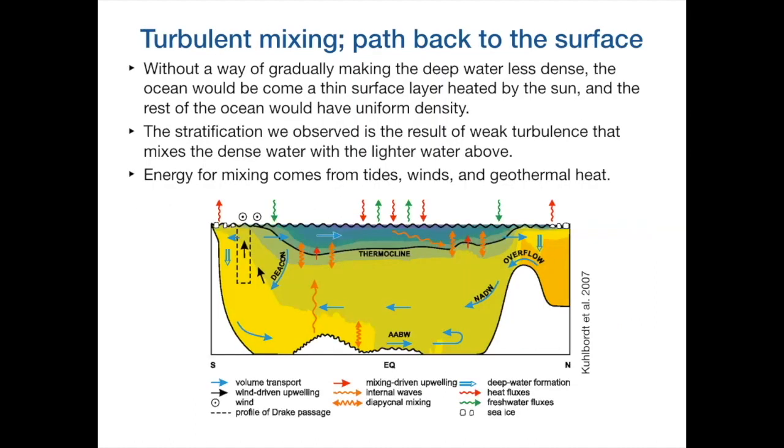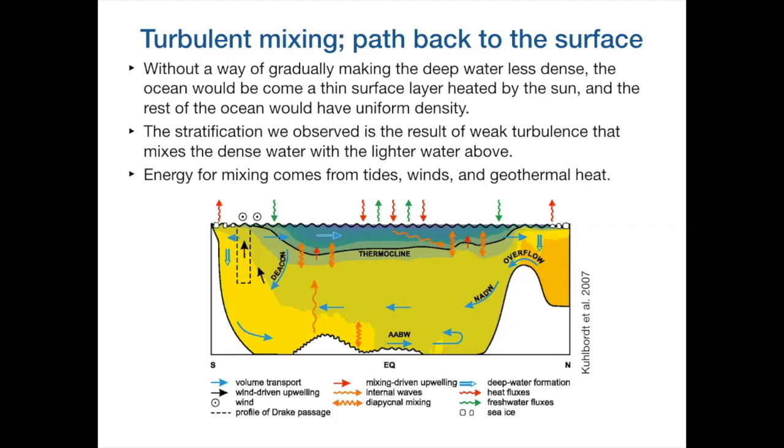So what's causing this deep water to return to the surface? Obviously, if all this dense water was formed in the North Atlantic and Antarctica, and there was no way of getting it back to the surface, we'd just have the ocean slowly fill up with Antarctic bottom water and North Atlantic deep water, and then we'd end up with a really thin mixed layer on top, which is heated by the sun and deepened slightly by the winds, but it wouldn't be more than a couple of 100 meters deep.